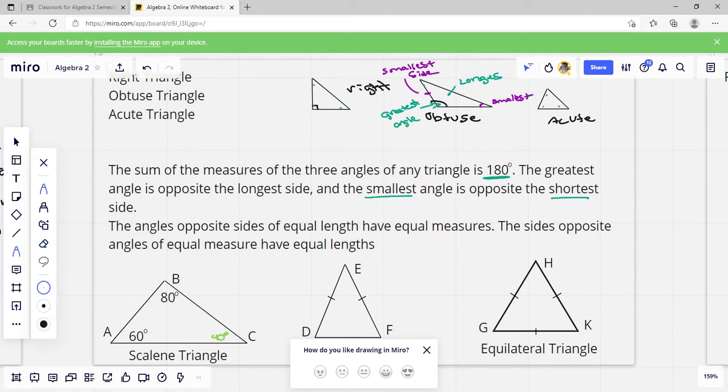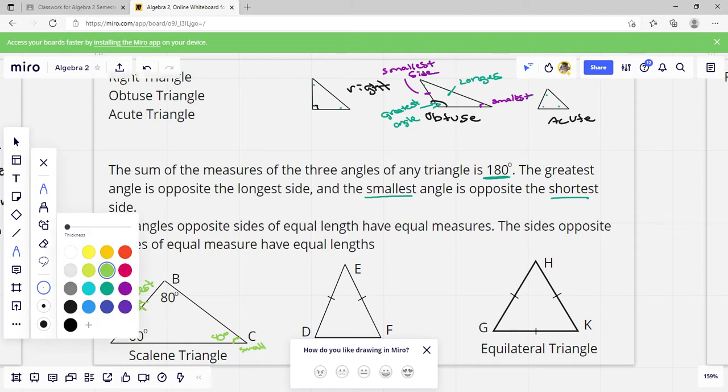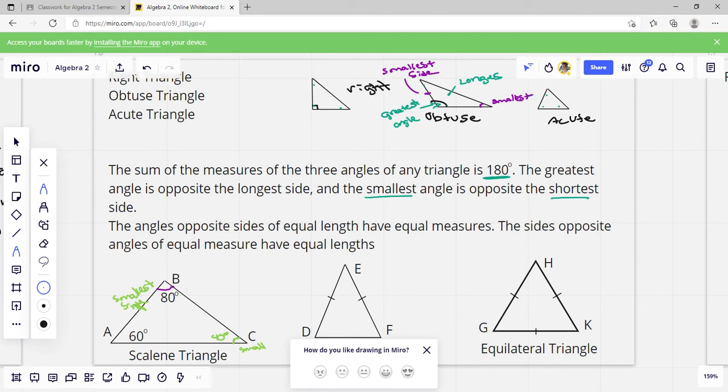So that means this is our smallest angle, so this one has to be our smallest side. And then our largest angle is going to be this 80-degree angle right here, and that's opposite from this side, so that'll have to be our largest side.